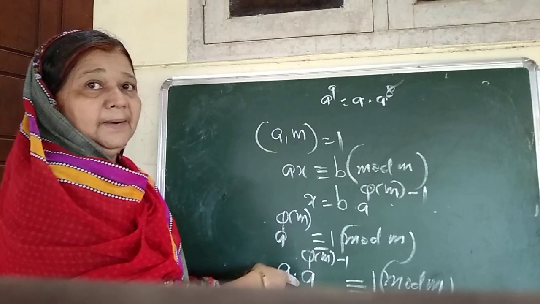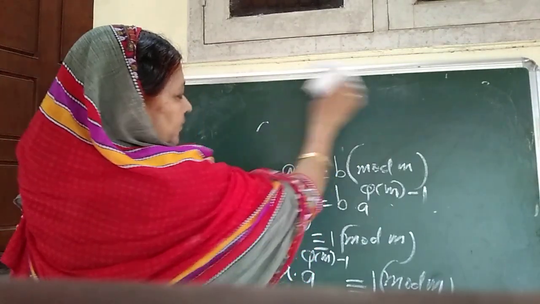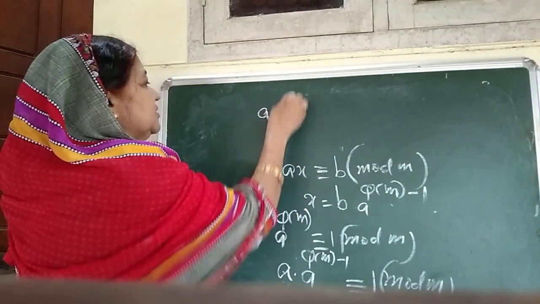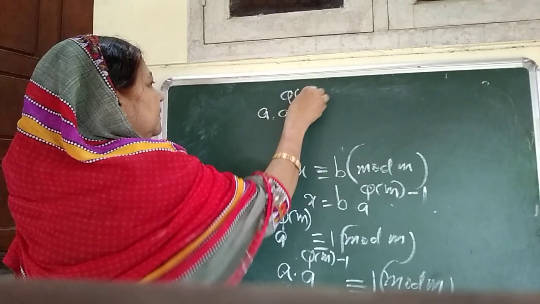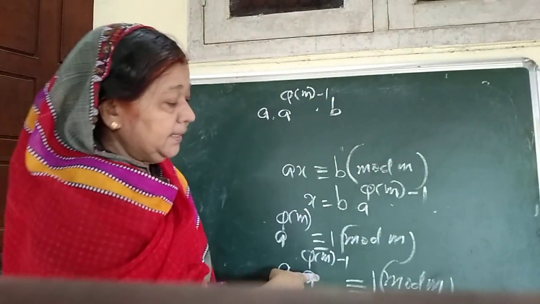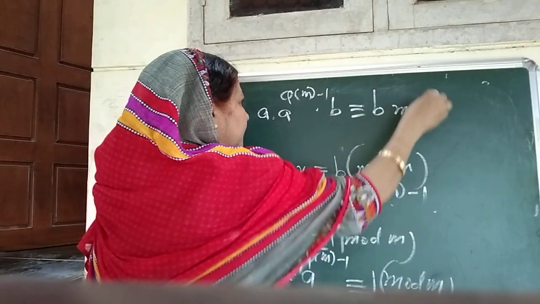Then we can multiply both sides by b. Then we get a into a raised to phi of m minus 1 into b is congruent to b mod m.